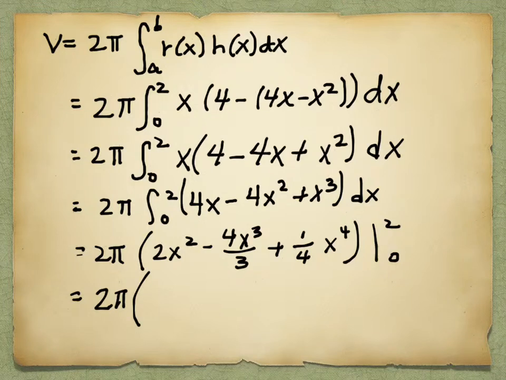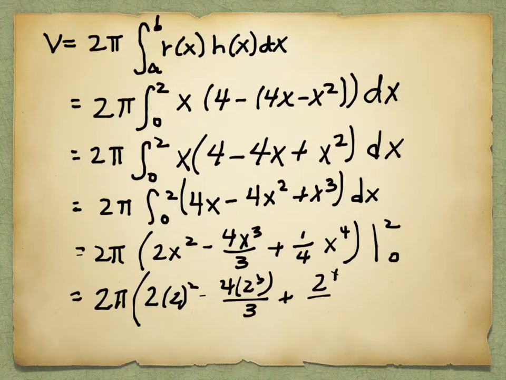So I'm supposed to be plugging in 2. So this is 2 times 2 squared minus 4 times 2 cubed over 3 plus 2 to the 4th over 4. And then all of that's actually minus 0, and then multiplied by my 2 pi. All right, so let's do this piece by piece, because this is where we made mistakes last time when I was recording.